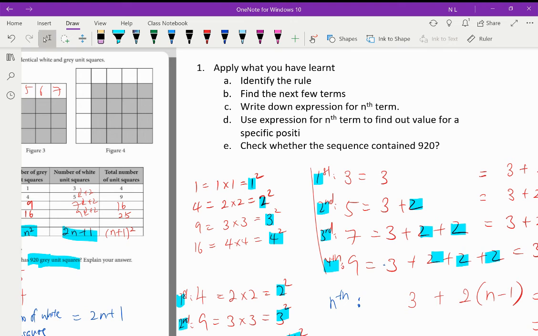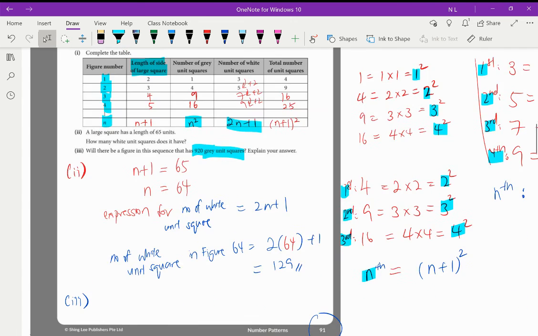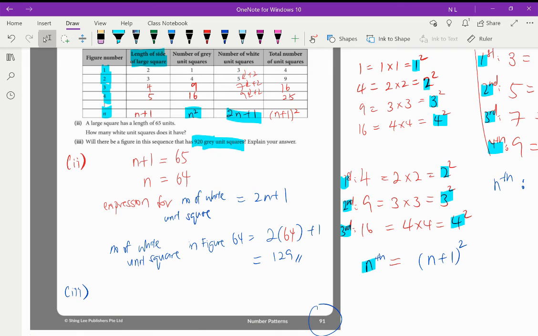In this case, the specific number is 920 gray unit squares. So you equate the expression for the number of gray unit squares, n squared, with 920. You need to find out what n is. In this case, I can square root 920.